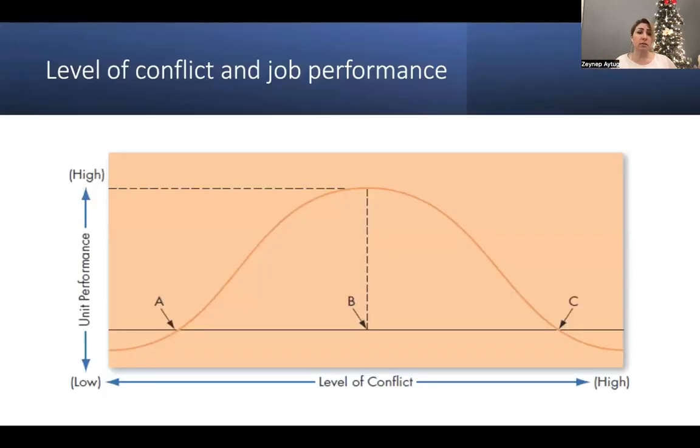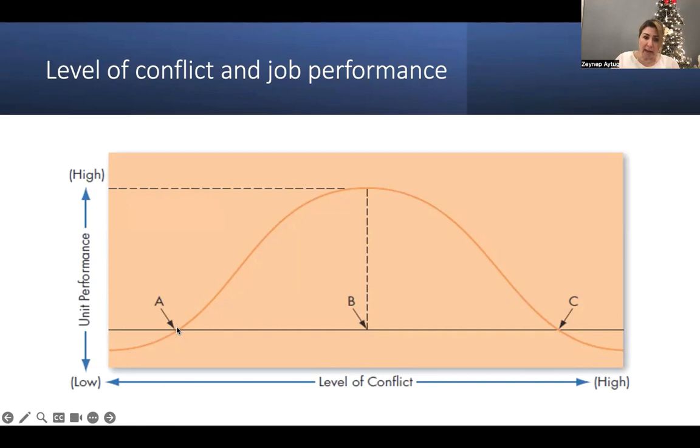Now, let's look at the level of conflict on job performance. There are separate types of research, both about individual performance and team performance, and we see the similar curves in both. This is the level of conflict here, going from low to high. And here is the individual or team performance, low performance to going all the way to high performance.